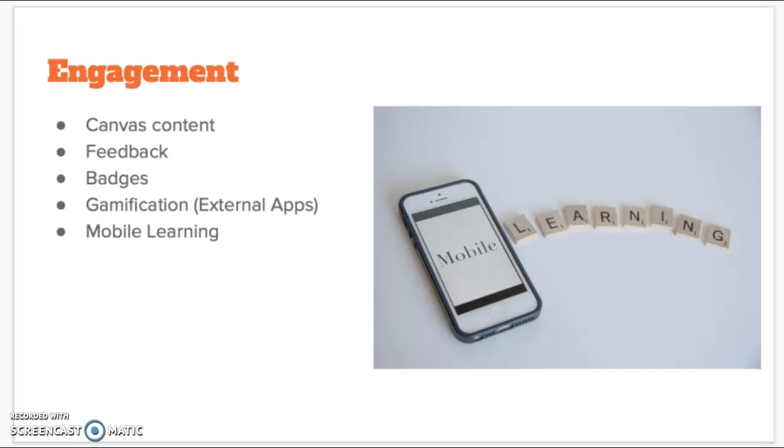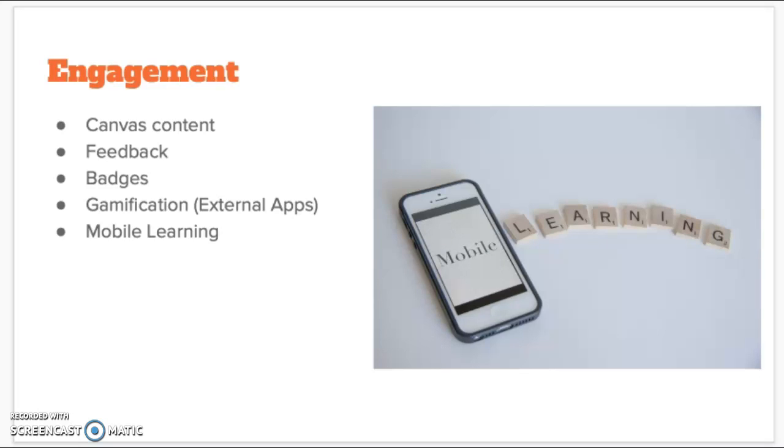Canvas is also great with engagement. Like I had mentioned, the external apps are an easy way to add gamification within your course, so learners have something different to look at. While it's all within Canvas, they're able to play with different tools outside of Canvas, but in the same hub.